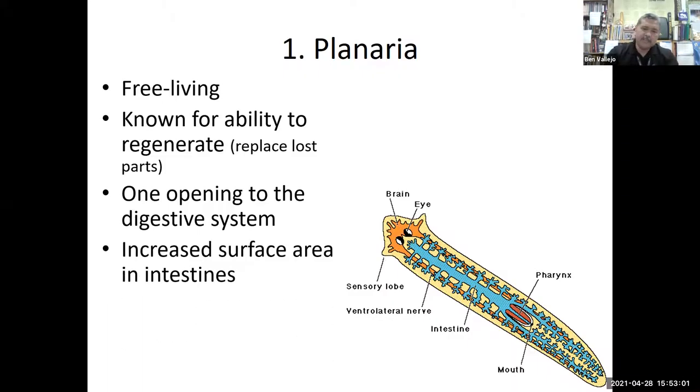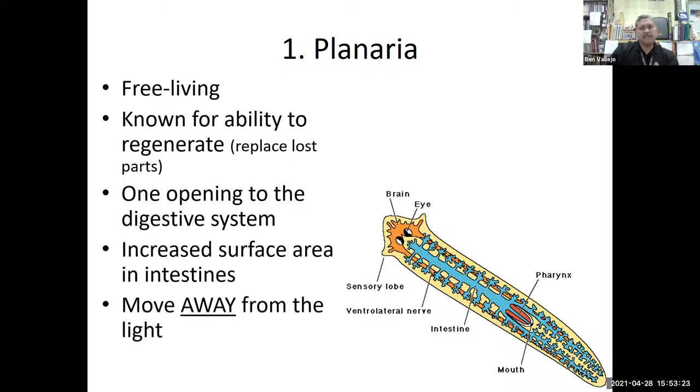However, you will see in this picture the intestines, which are blue, are not just straight tubes, but they end in these little pockets that have all kinds of nooks and crannies that greatly increases the surface area for the food to be absorbed. So that happens in the intestines.